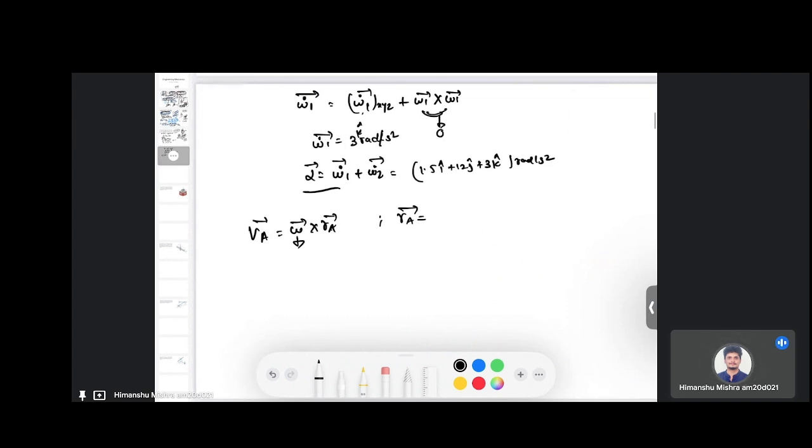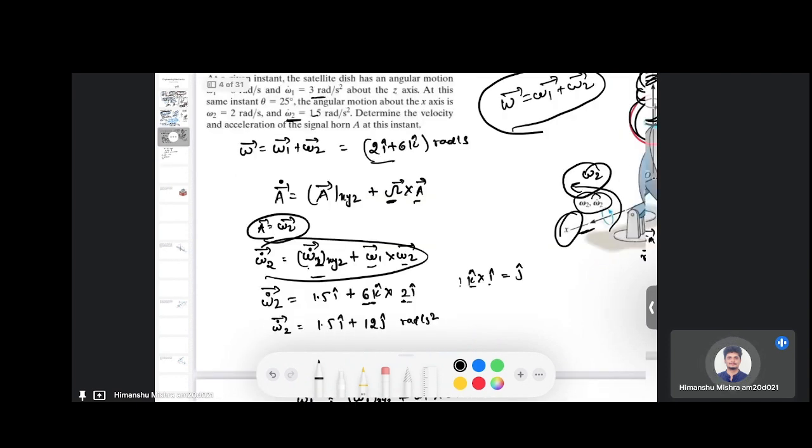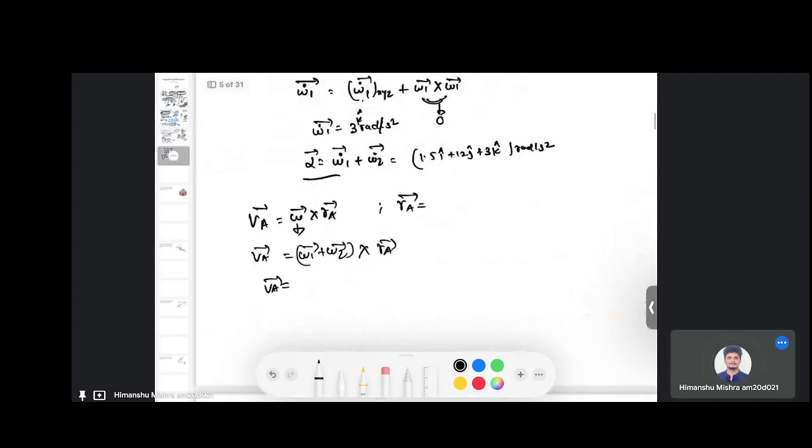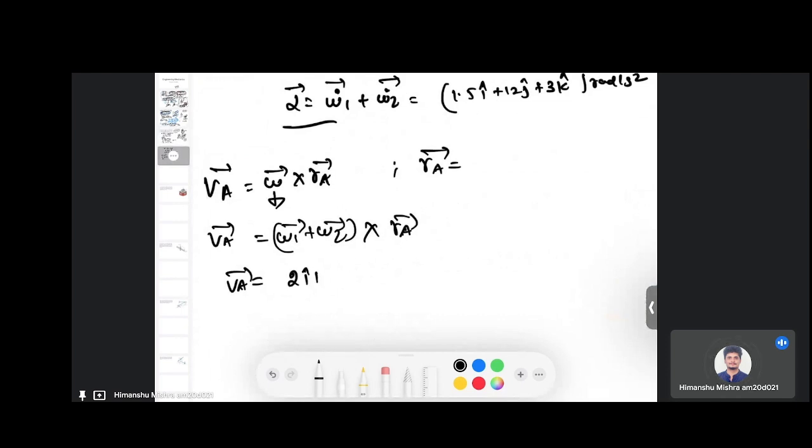So this will be omega 1 plus omega 2 cross RA. So VA will be, with the resultant angular velocity 2i plus 6k, 2i plus 6k cross product with the position vector RA, which is 1.4 cos 25 j plus 1.4 sin 25 k.